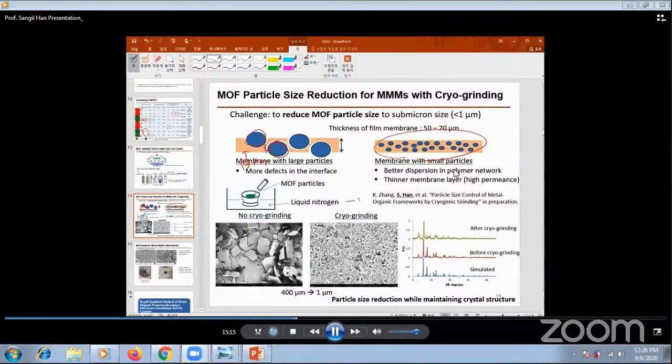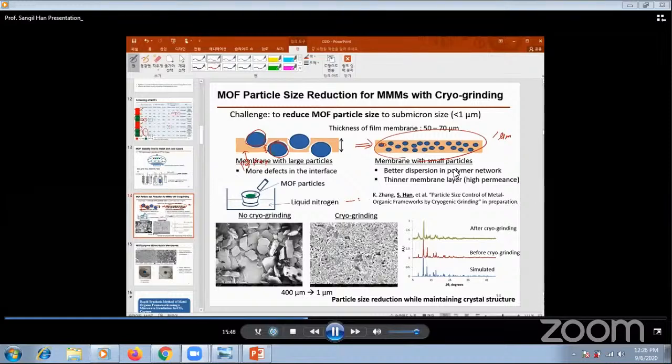So we reduce the particle size to less than 1 micrometer. When the particle size is reduced significantly, like you see in this picture, the MOF particles are well dispersed and there are no defects between polymer and the inorganic materials. So we also applied this cryogrinding method.